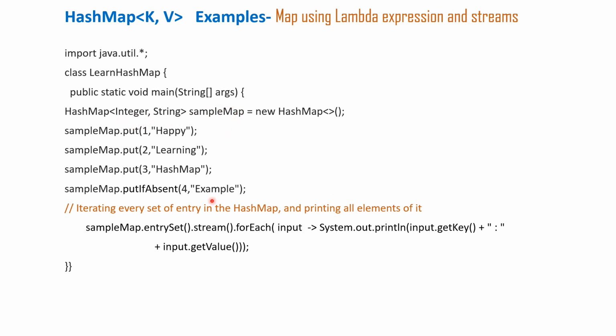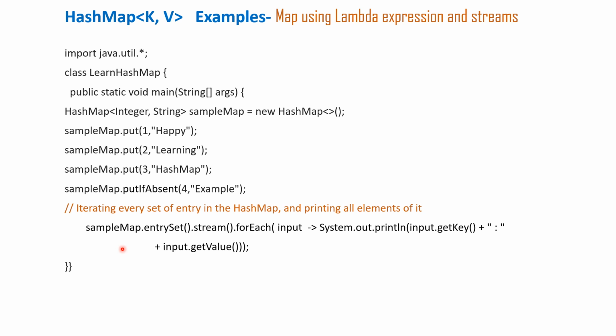The same example, three entries we have, and the last entry, if it is absent, then it will make the entry. Here, we are iterating every entry in the HashMap and printing all its elements. So the entry set gives us all the entries, right? For those entries, we are going to iterate and print the elements.